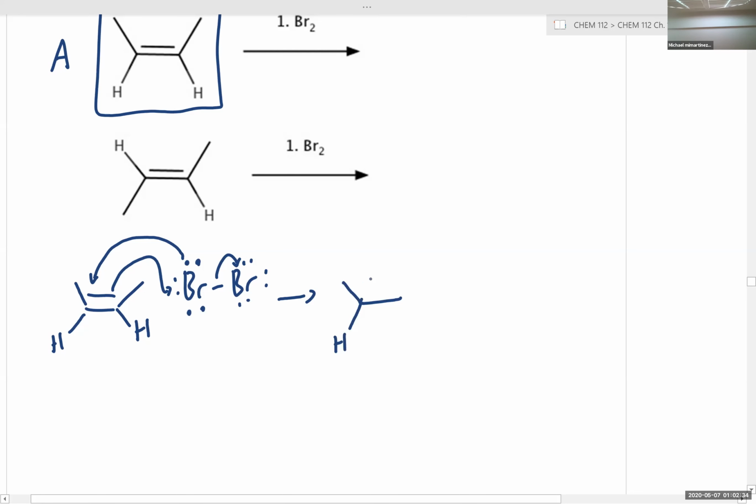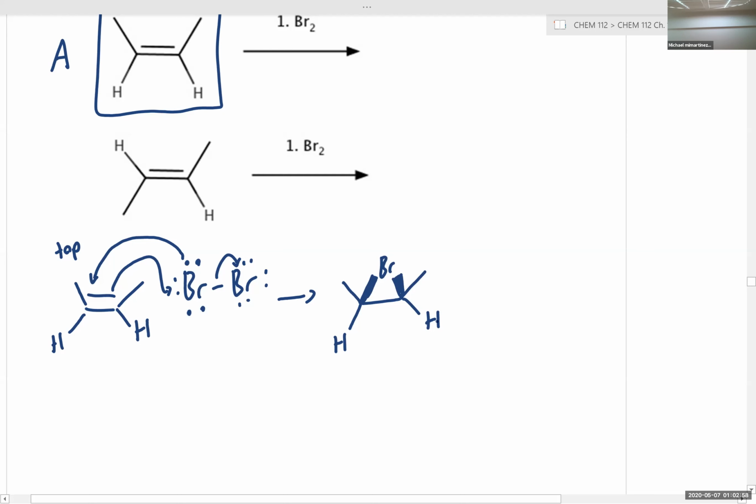We're going through a bromonium intermediate. Now I'm just going to draw the attack from the top face, so that we don't have to draw so many arrows at once. So we have our bromine attacking from the top face.